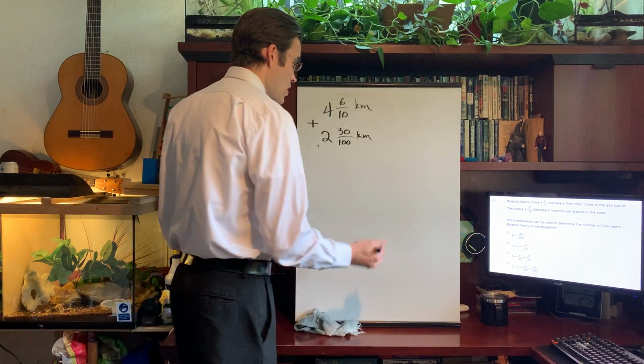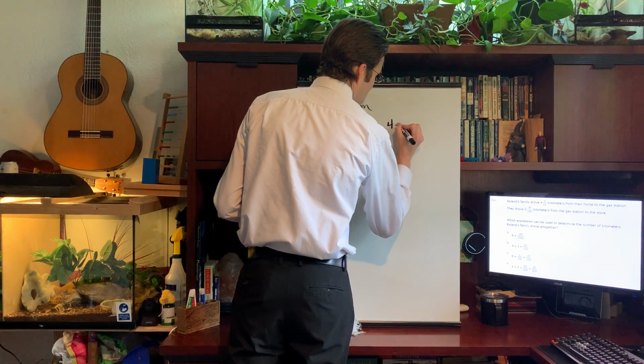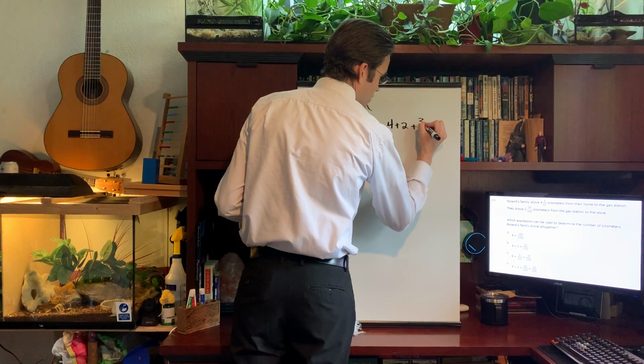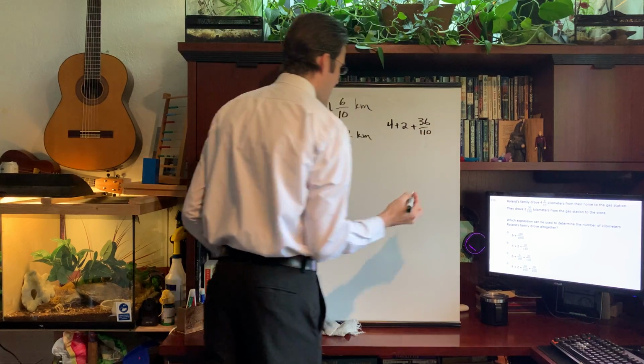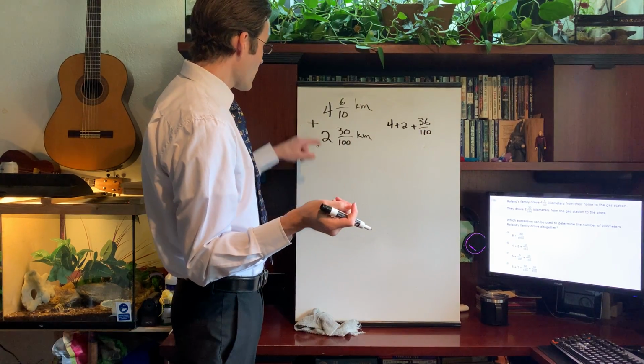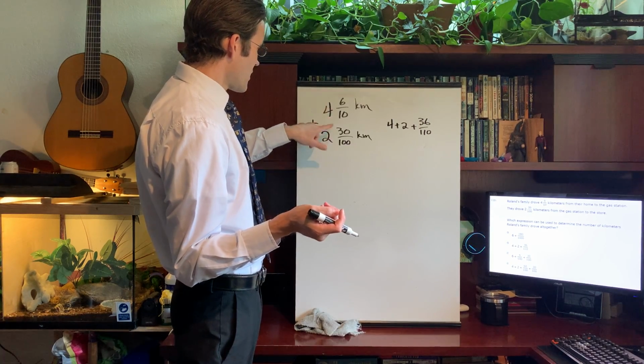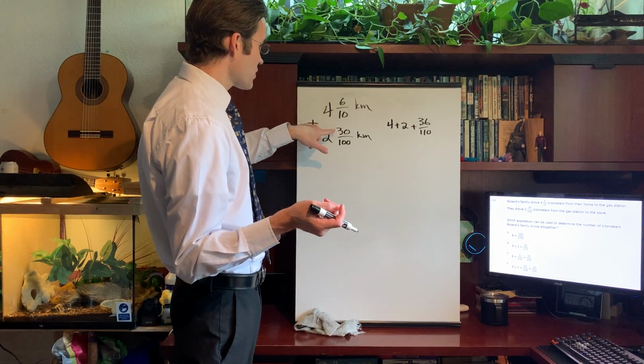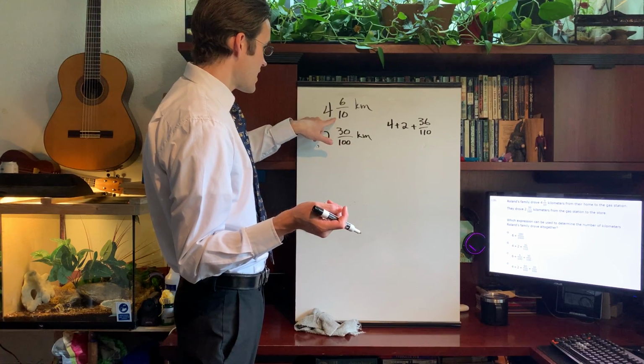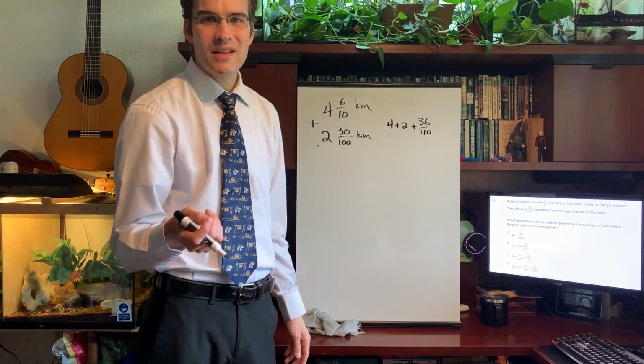No. Okay. What about 4 plus 2 plus 36 over 110? Well, they're going to add the 4 and the 2, and then they added 6 plus 30 and 10 plus 100. That's not how we do fractions.